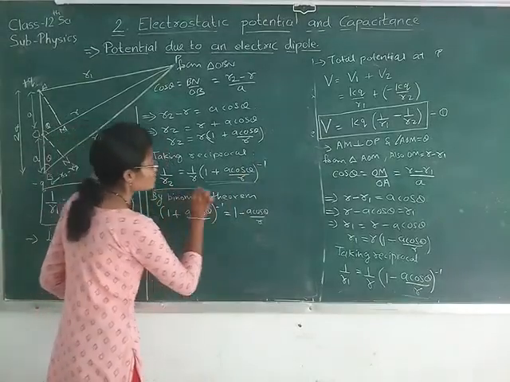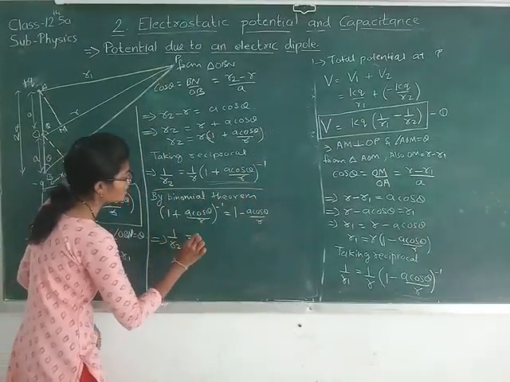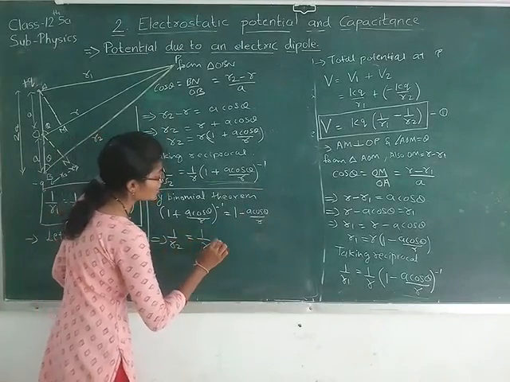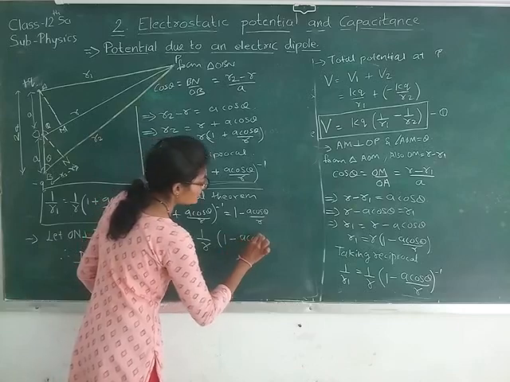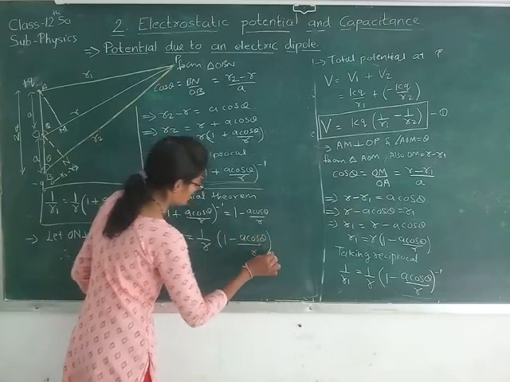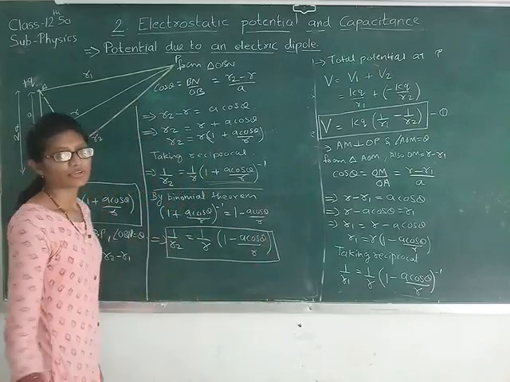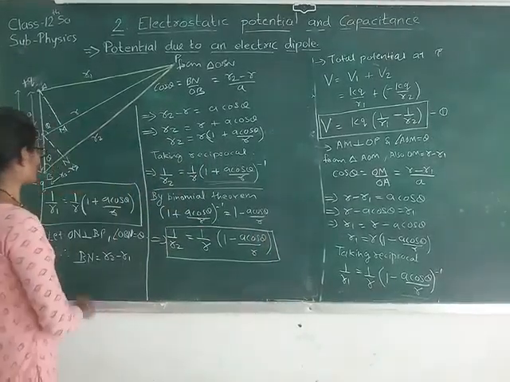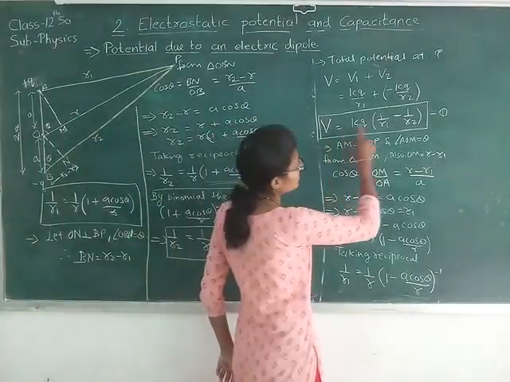So now these equations can be written as 1 upon R2 equals to 1 upon R into 1 minus A cos theta by R. We got this equation. 1 upon R1, 1 upon R2. We need to apply over here.